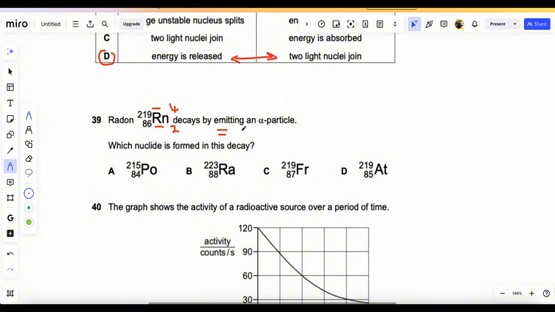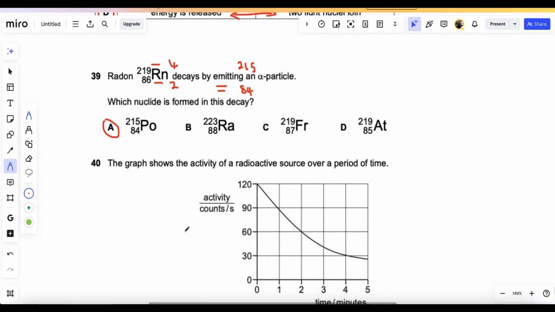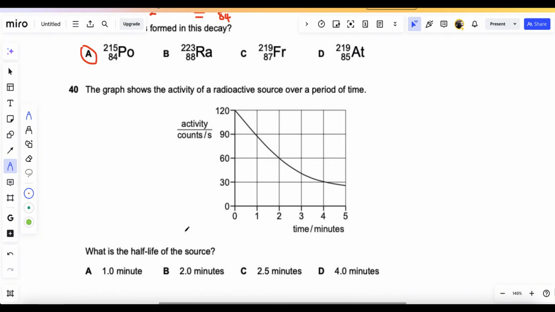So whatever you're going to get, the atomic number will be 84, and the mass number will be 215. If you emit alpha, you have to look for which one has this. So you get polonium, which is 215 and 84. So that's it. Now we go to the last one, which is radioactivity.